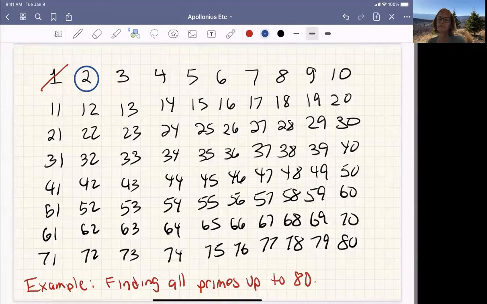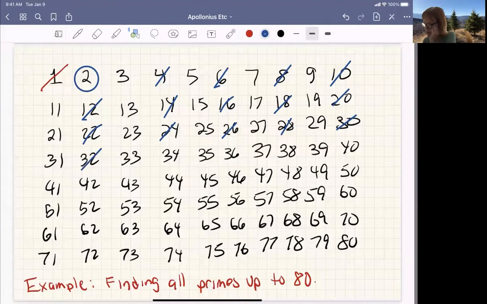And then I'm going to count by twos, and every time I say 2, I'm going to cross it off. So starting with the 2, and now I'm looking at the 3 and then the 4. So 1, 2, 1, 2, and so on. You're just counting up by twos, and in the process, you're crossing off all of the multiples of 2, which means all of the even numbers.